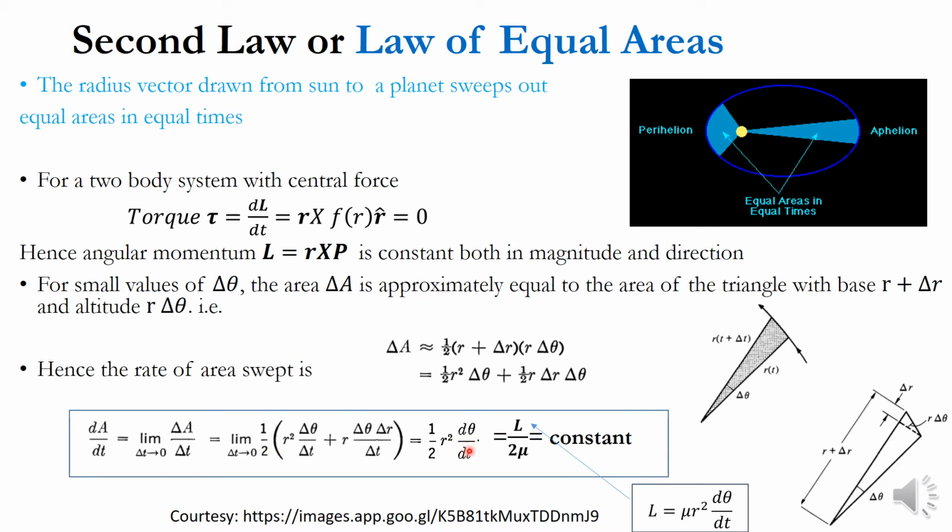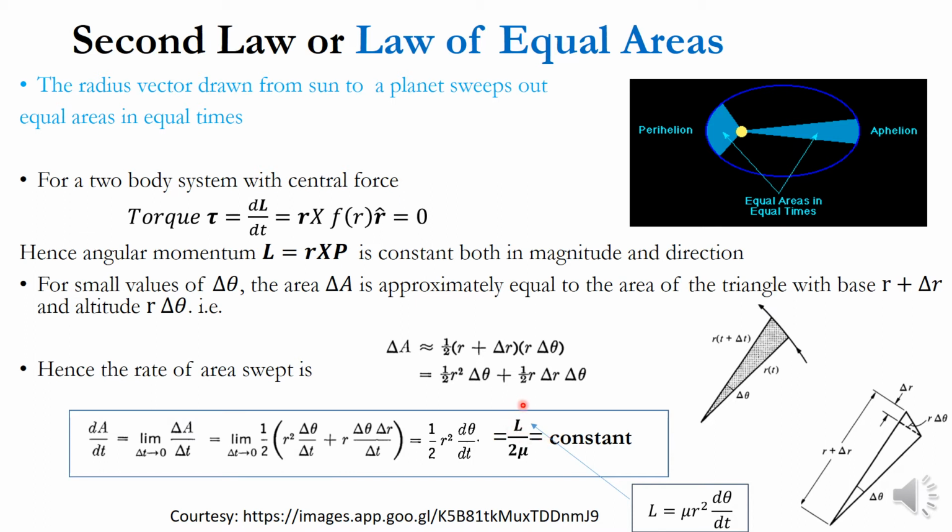But we know that mu r square d theta by dt, or mu r square omega, is L. Therefore, this is equal to L by 2 mu, which is a constant.